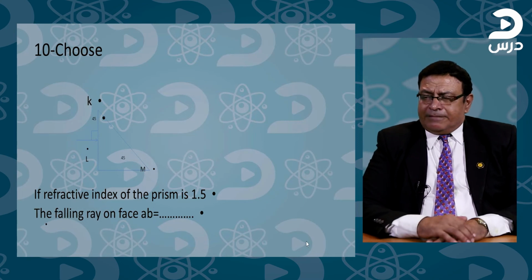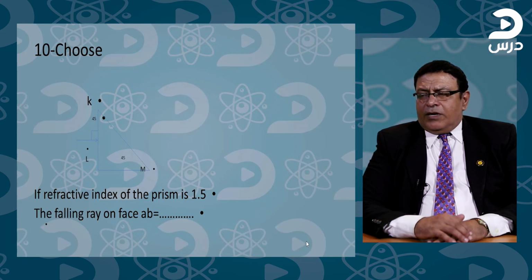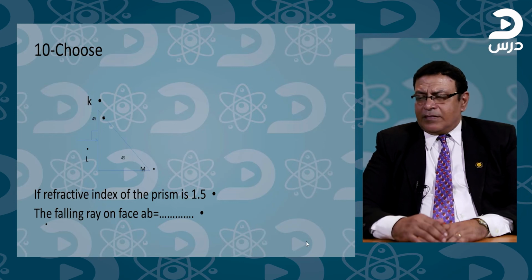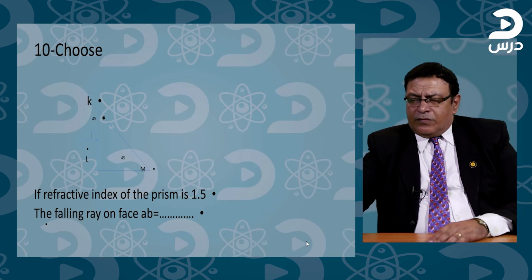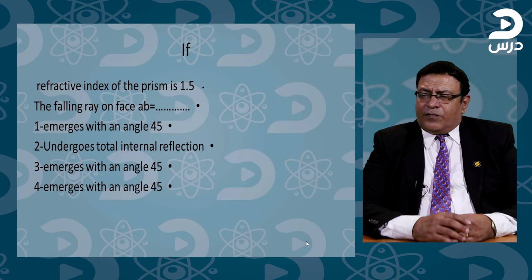Problem number 10. هنا K and L وهنا الانجل كانت 25. بيقول لي if refractive index of beam طبعا انجل هنا ده بريزم ال two angles equal to each other 1.5 the falling on base AB. بيقول لي refractive index of prism 1.5.